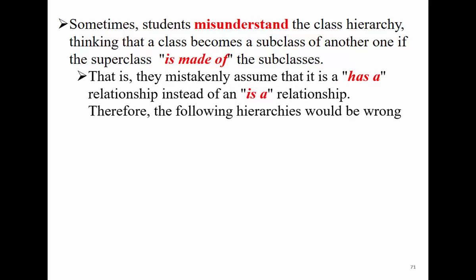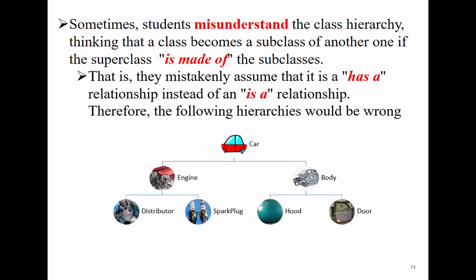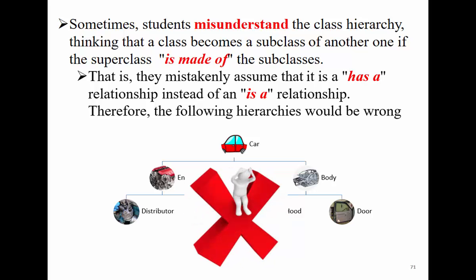So, for example, for a car, someone decided to have this hierarchy. I would like you to look at it. Does this Java inheritance hierarchy really implement "is a" or "is made of"? Made of. So such a thing is not inheritance.